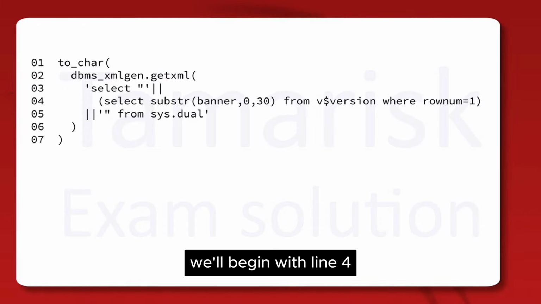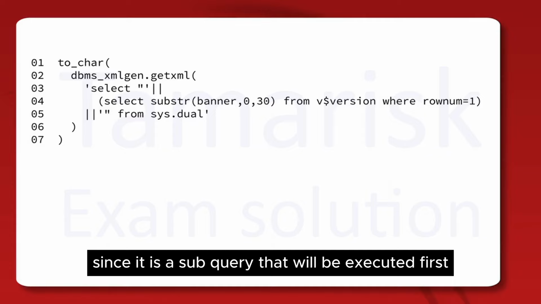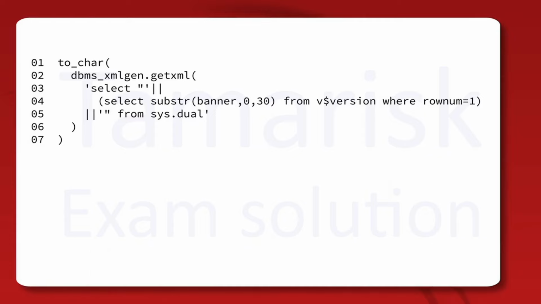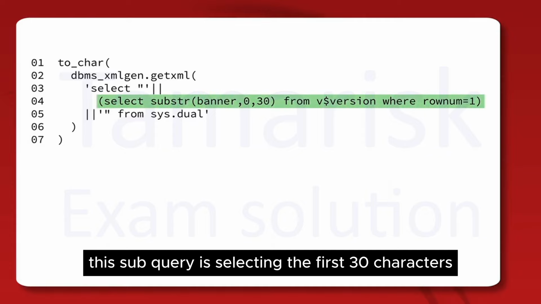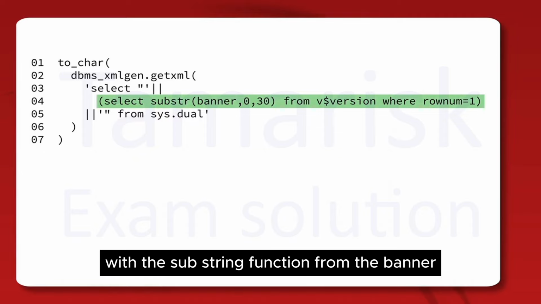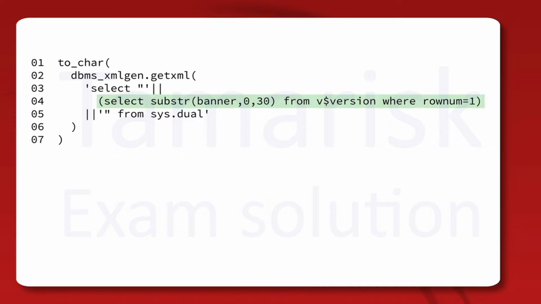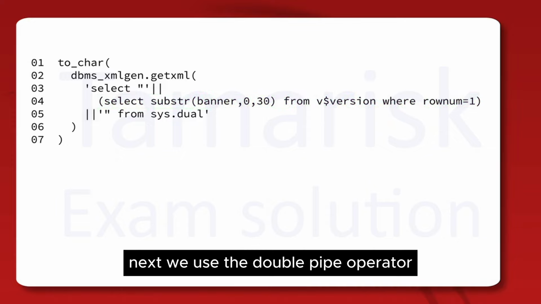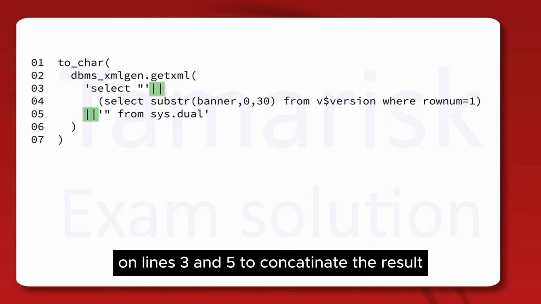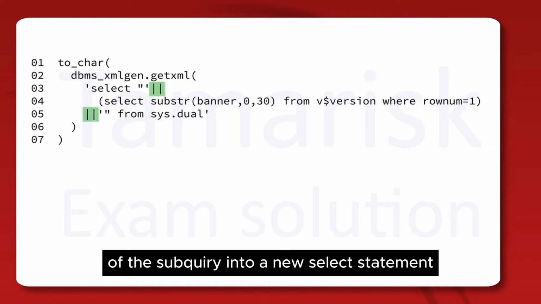We'll begin with line 4 since it is a subquery that will be executed first. This subquery is selecting the first 30 characters with the substring function from the banner column in the first row of the version table. Next, we use the double pipe operator on lines 3 and 5 to concatenate the result of the subquery into a new select statement.